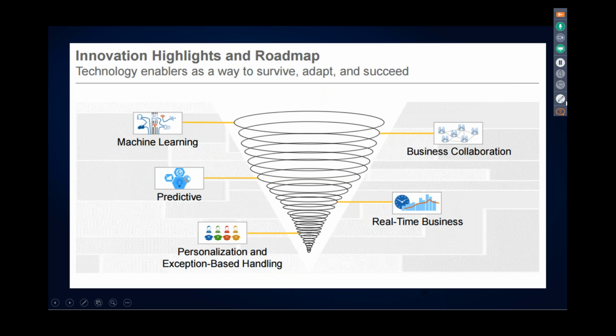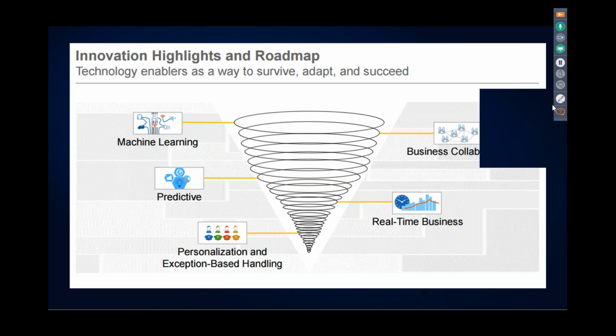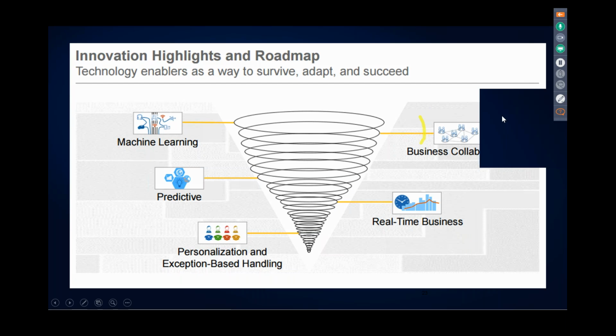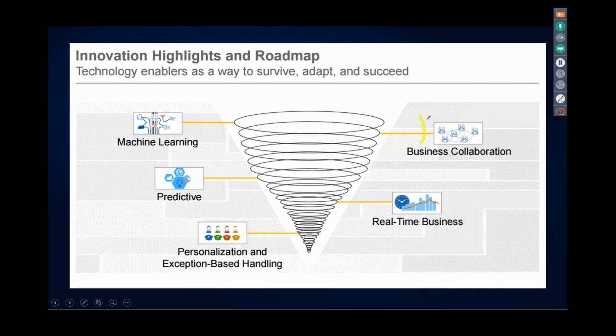So we have business collaboration. Business collaboration is nothing but integrating our systems with the different landscapes or different systems available.